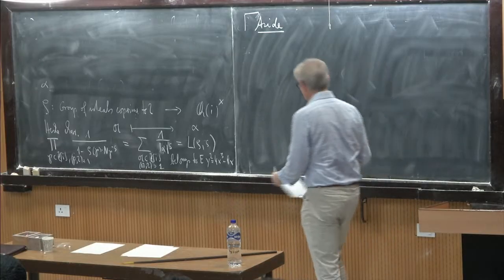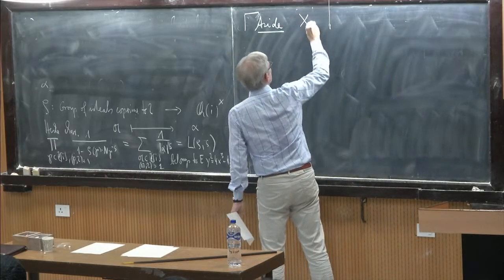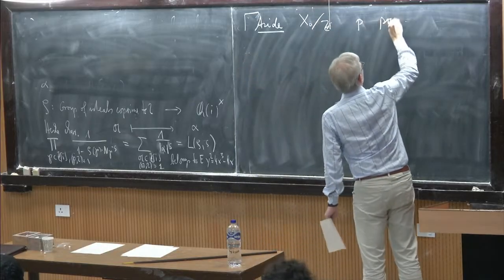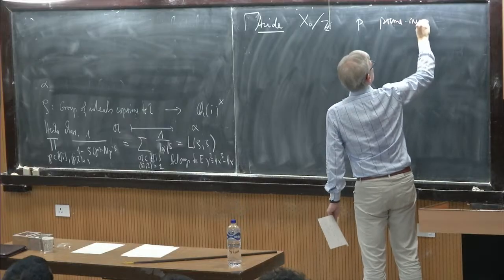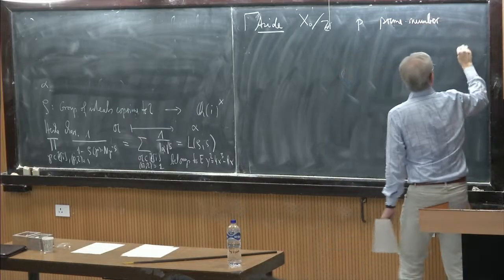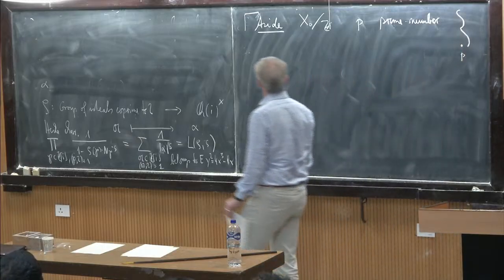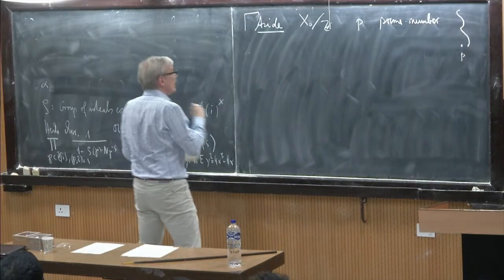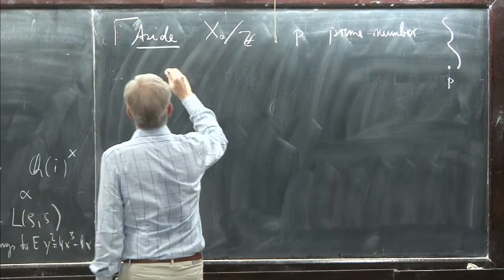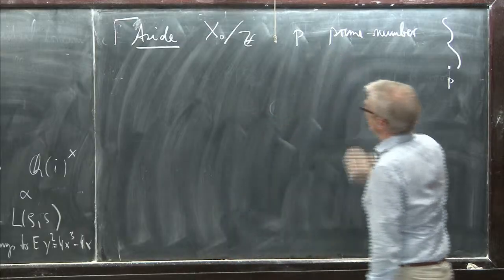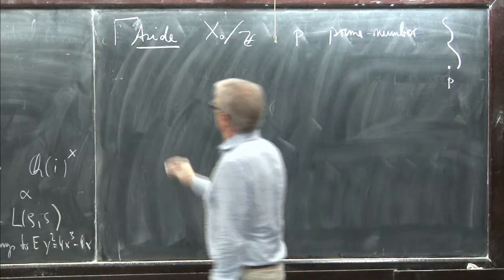Don't worry. So we have a variety over Z, and we fix some prime number. This means now we look just at one fiber over this prime. With one fiber, we have now a variety over a finite field. And what can we do?